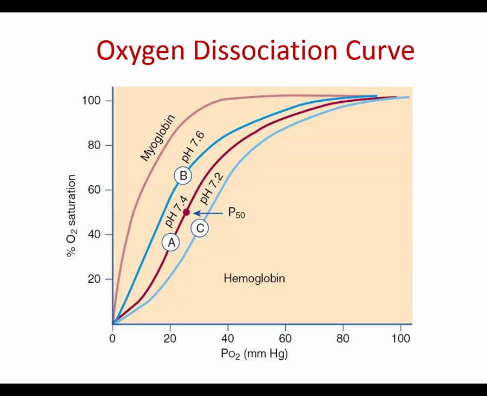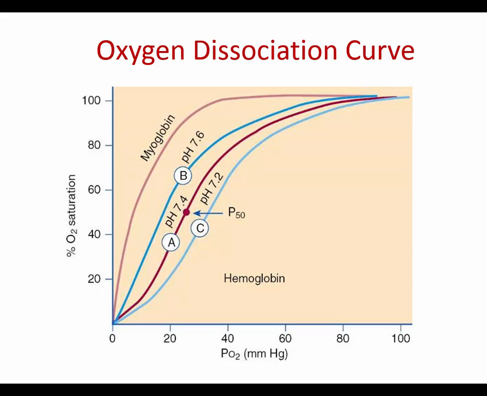If the blood is acidic, which means increased hydrogen ion, you're going to move this graph toward the right, which means that hemoglobin wants to unload its oxygen. It's going to get rid of the oxygen. When the blood becomes alkaline, as you move the graph this way, the hemoglobin doesn't want to let go of the oxygen.